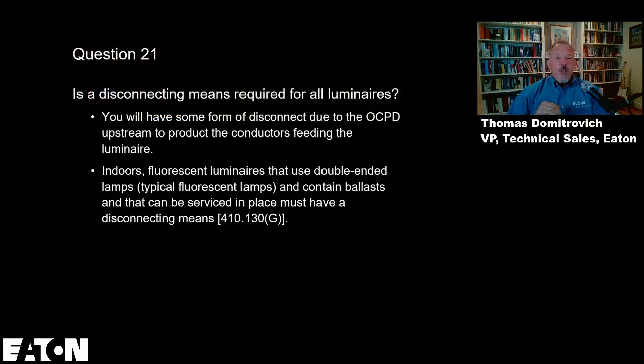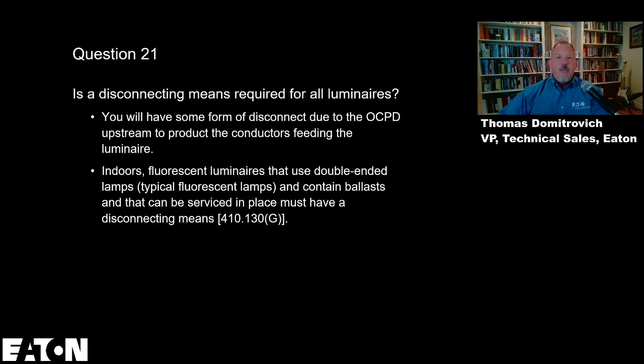So you will have some sort of a disconnect due to just the overcurrent protective device upstream. So whenever you think about a disconnecting means in general applications, you have those questions of whether or not you need it next to the equipment.